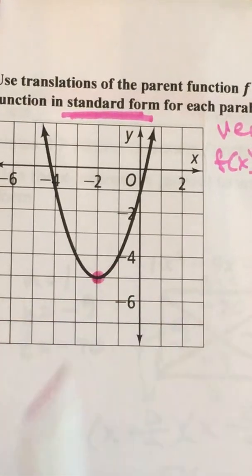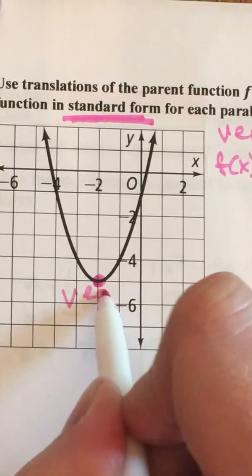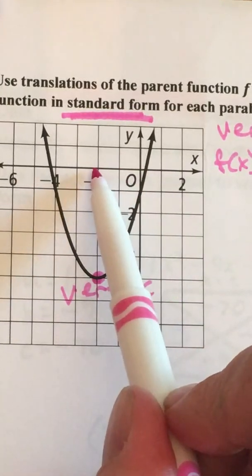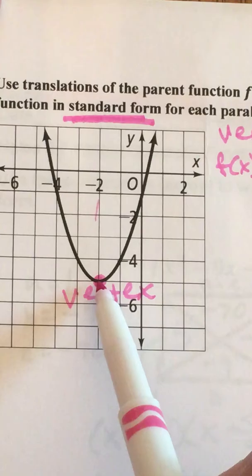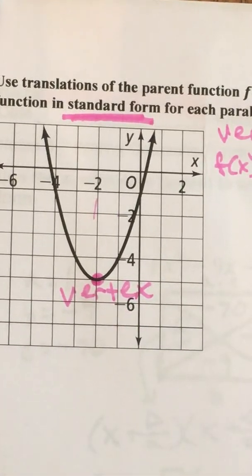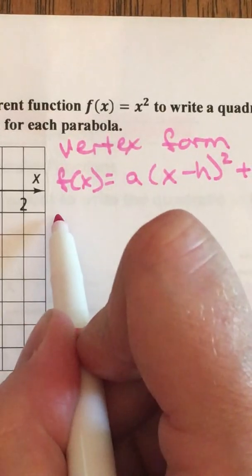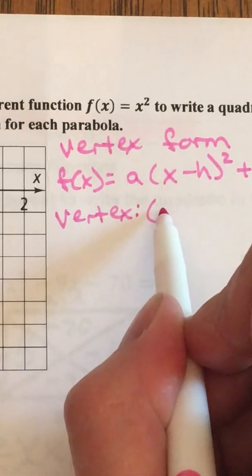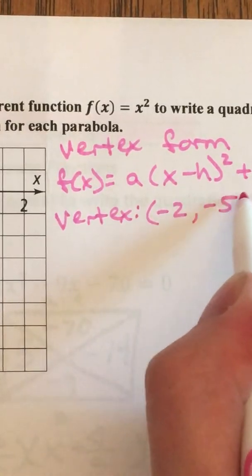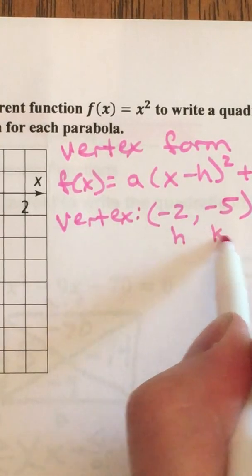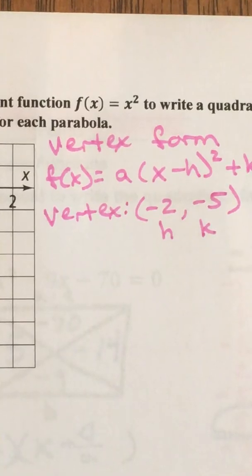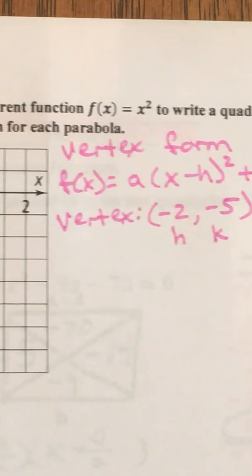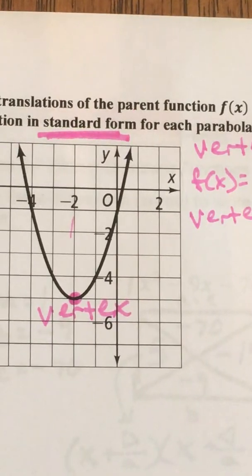Here's a vertex. That vertex is at the coordinate point -2, -5. Let's write that down. H and K. We also need a nice clean coordinate point. Can you find one?